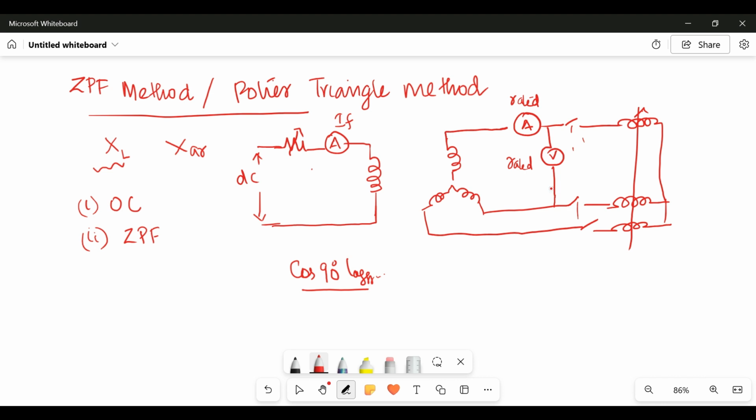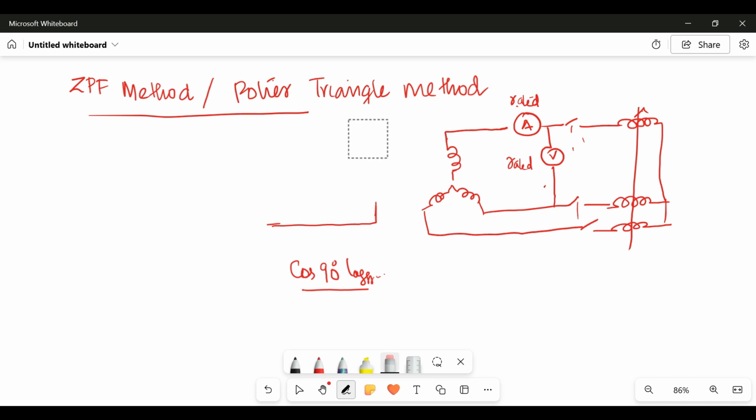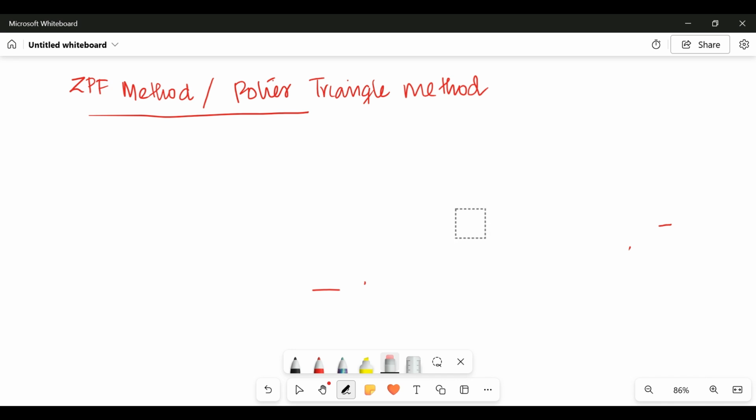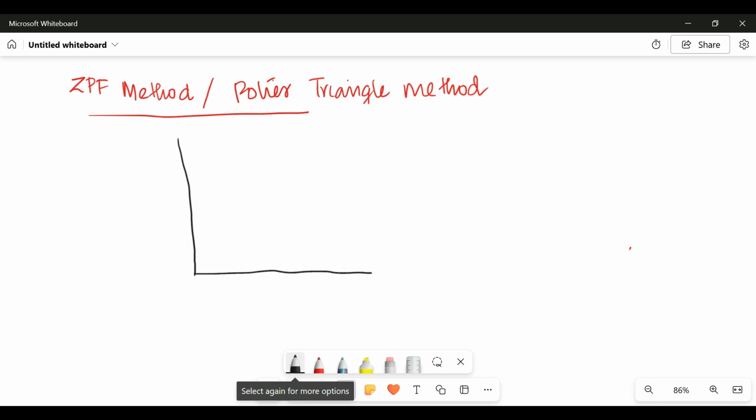From the zero power factor test, we got the readings of the field current corresponding to rated armature current and rated voltage. For drawing the Potier triangle, first we need to draw the open circuit characteristics, that is the graph between IF and V phase.